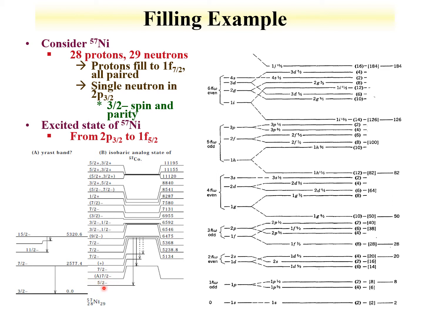So f being negative parity, 5/2 state. So this also seems to correlate with nickel-57, 28 protons, by the way, magic number. So nickel-57 is fundamentally one off from being a double magic nucleus.